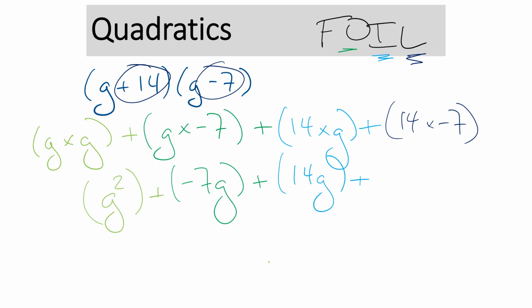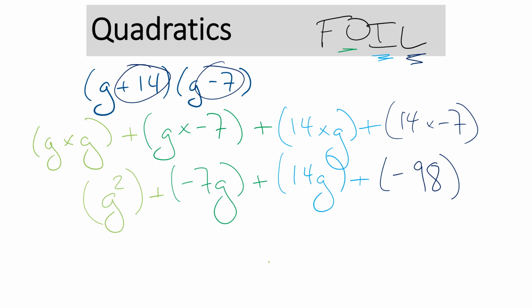Add the next. 14 times negative 7, what is that? Negative 98. You can use a calculator for this, obviously, if you want to. Calculators aren't cheating, right? What's the only thing that we have to remember now?